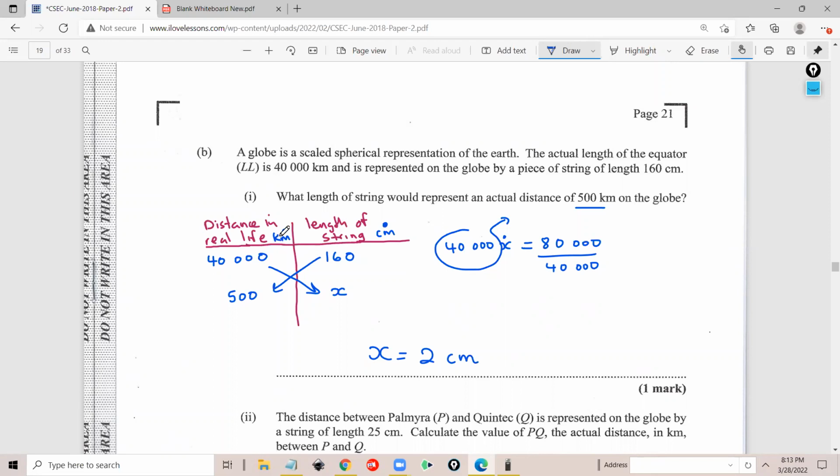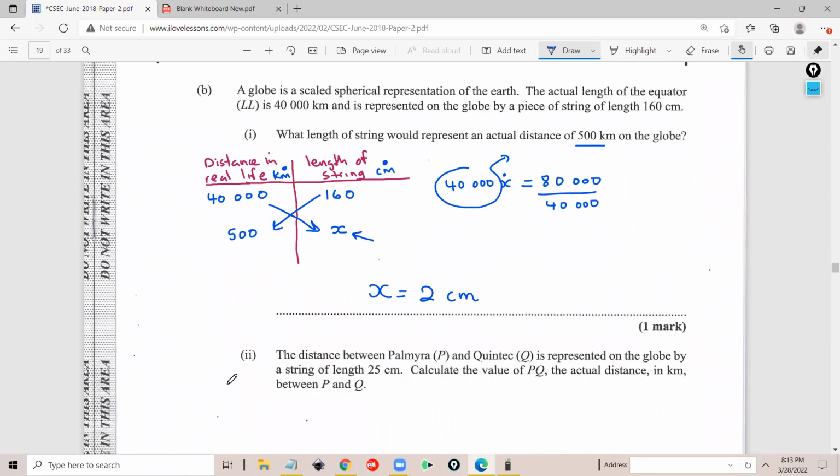It's just that if you use kilometers here and centimeters here, whatever you calculate on this side will always come out in centimeters. And if you calculate a value on this side, no matter what you do, it will come out in kilometers.